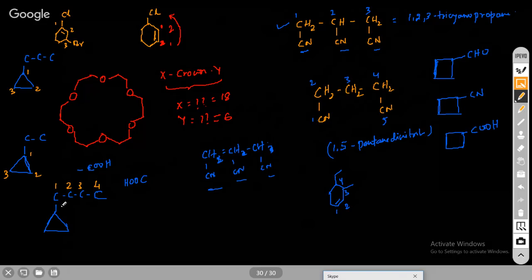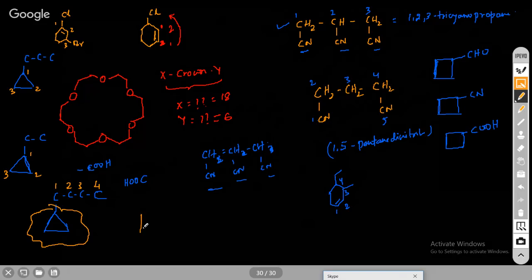So what will we write? 1-cyclopropylbutane. The parent chain is butane, and cyclopropyl is the substituent. Correct?